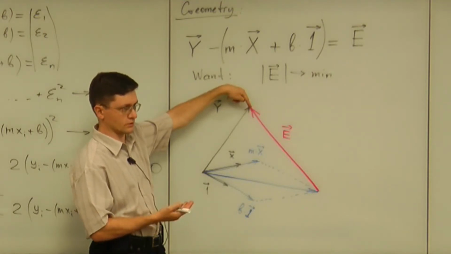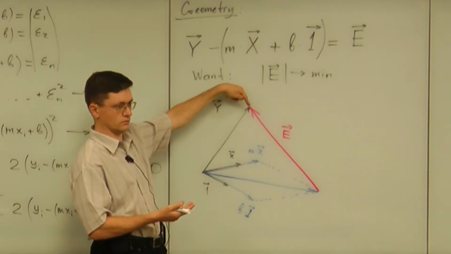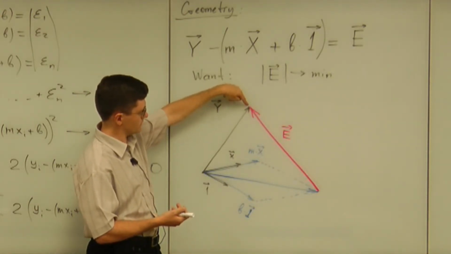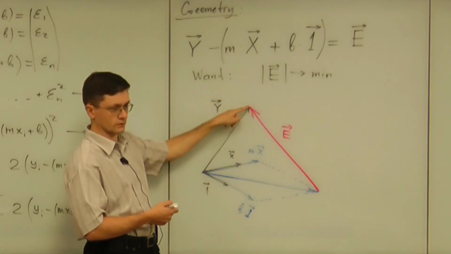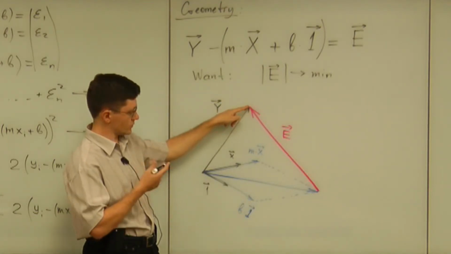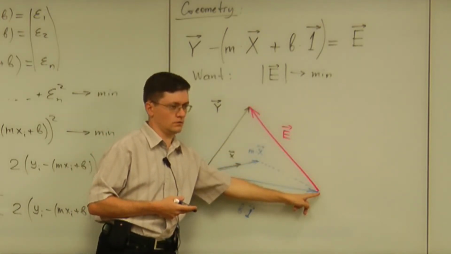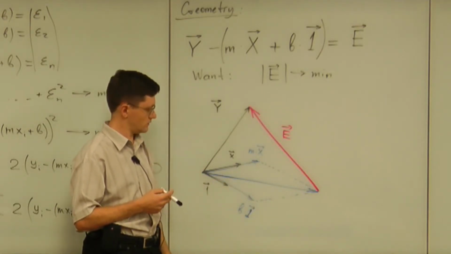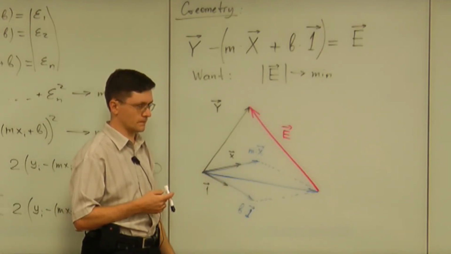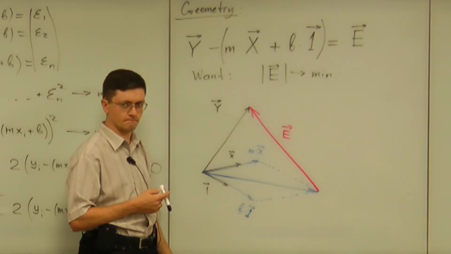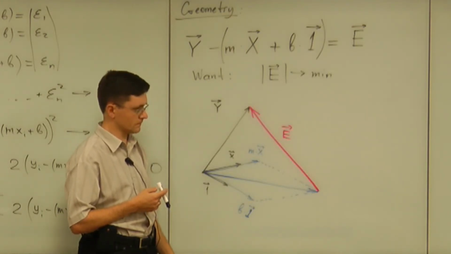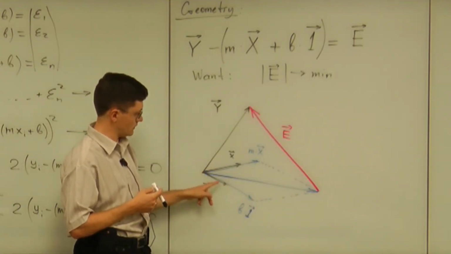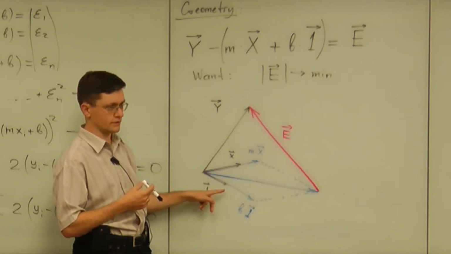Right? What are the limitations? Why cannot we make it 0? Well, it must end at this fixed point, because y is a fixed vector. Right? Where should it begin? What are limitations that we have on the beginning of this? Does it begin somewhere in that plane determined by the given 2 vectors, 1 and x?